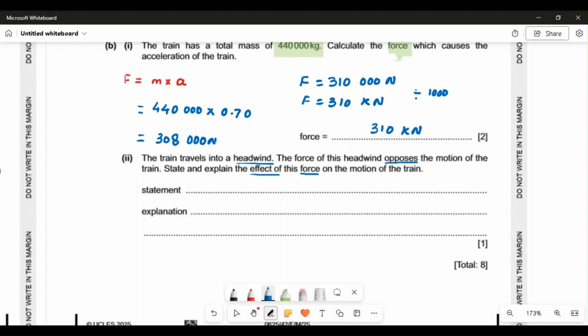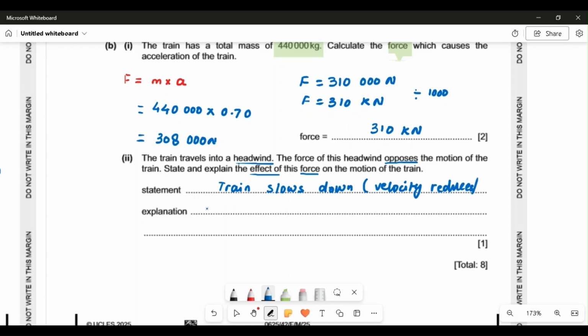When headwind force is opposite to the motion, you can simply say that the train will slow down, or motion of the train slows down, or you can say velocity reduces.